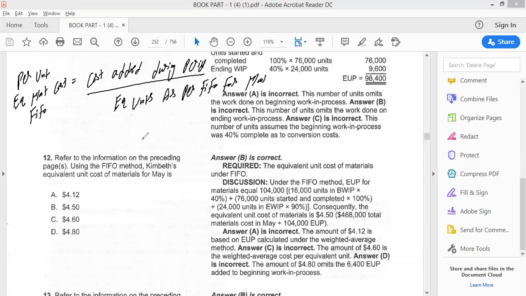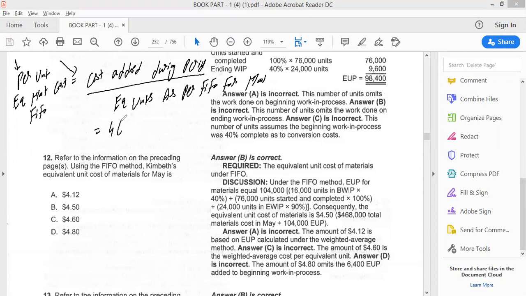You notice what was the difference? When I was doing the same thing as per weighted average, here I was considering the cost of beginning inventory as well, like how much cost we already spent on the beginning inventory with respect to materials. While when we are doing as per FIFO, the only cost we consider is cost added during the period.